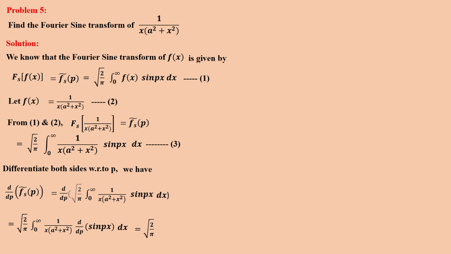It is equal to root of 2 divided by pi integral 0 to infinity 1 by x(a² + x²) times the derivative of sin px. The differentiation of sin px is cos px times the derivative of px with respect to p, which is x. That is why we get x cos px dx.